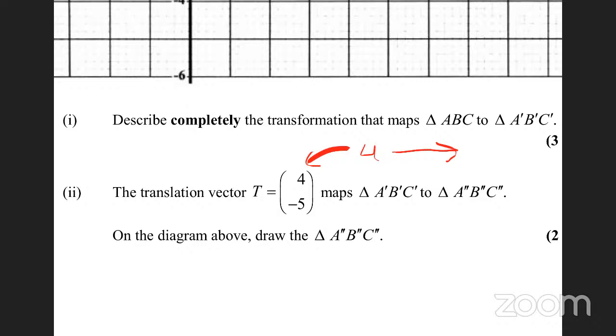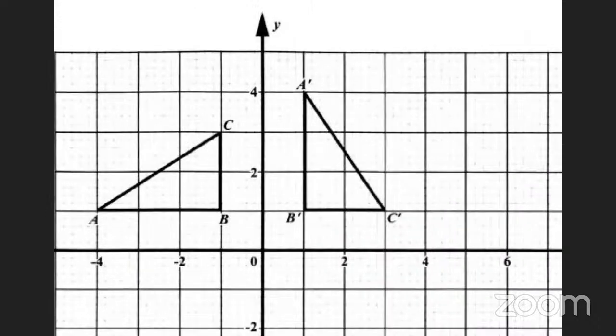And minus 5 means 5 down, right? So how do I actually do that? All I have to do is take this point here and add it to 5, minus 4. Sorry, it was 4, minus 5.